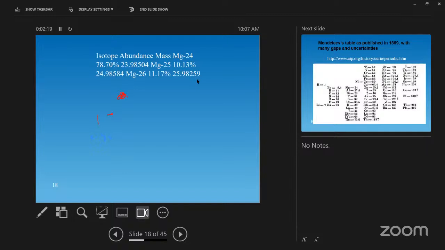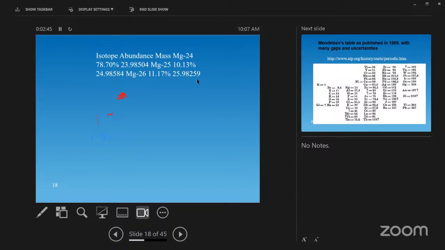And then the next number is 0.1117 times 25.98259, and that should be rounded to 2.902. So from the look of things, when you add them up, you should round off your answer to 2 decimal places.